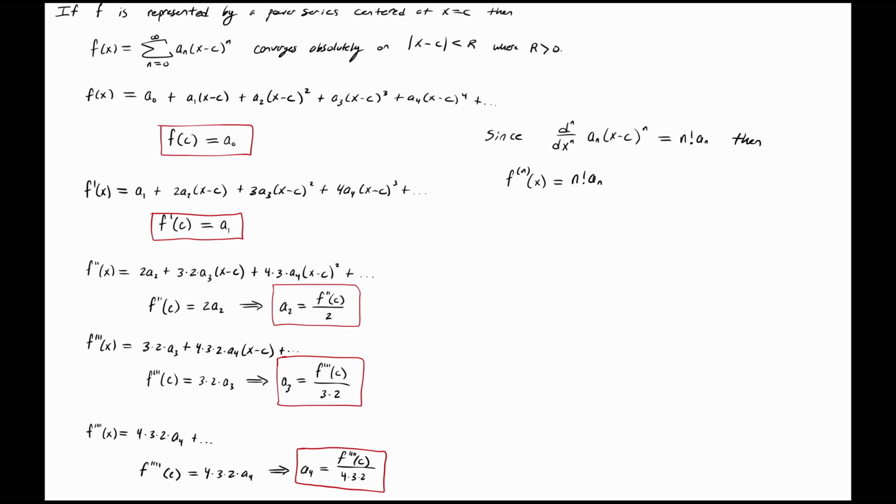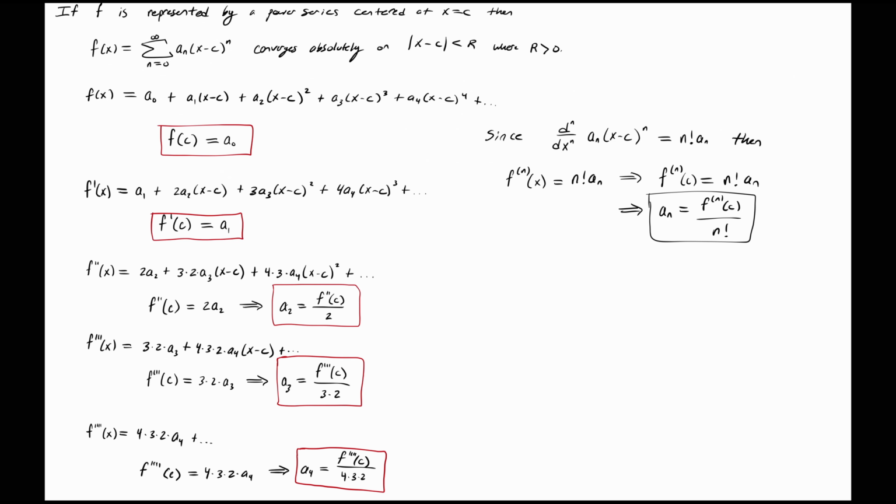So if we plug in c here, then a sub n is the nth derivative at c divided by n factorial in general.